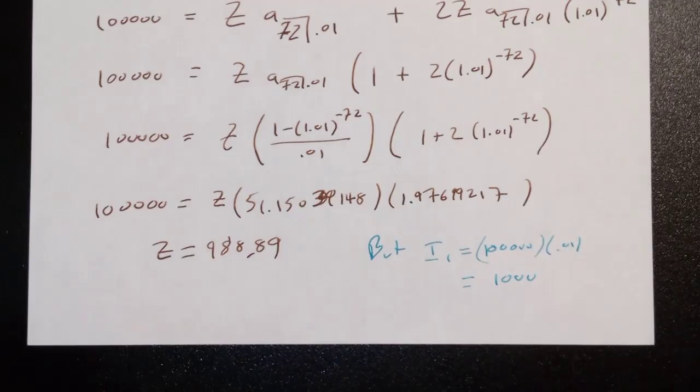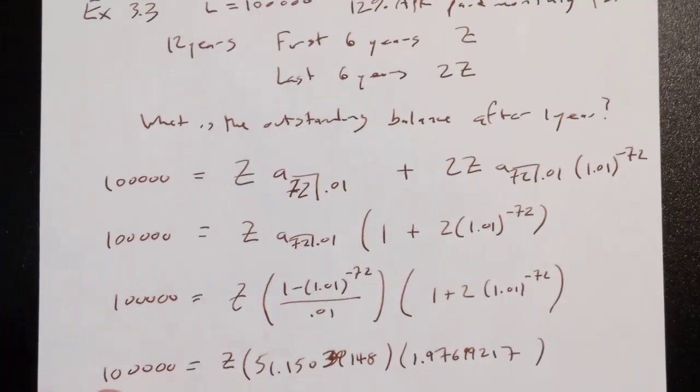So what happens over the course of this first month? And my balance is going to keep increasing over the course of that entire first year. Now, I have two choices because what the question, remember, asked me for is what's the outstanding balance at the end of the first year?